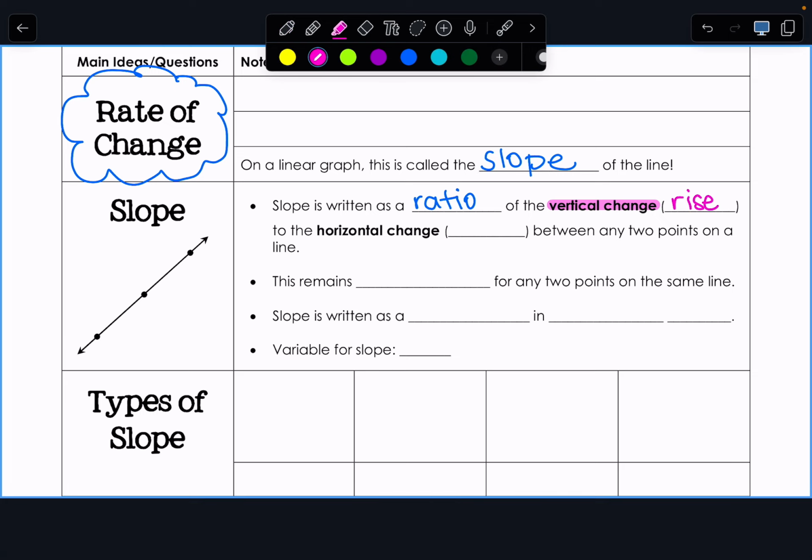Then we went to the right, the horizontal change, we're going to call the run. So slope is what we refer to as rise over run. You're going to hear me say that multiple times today, tomorrow, the next day. Rise over run.